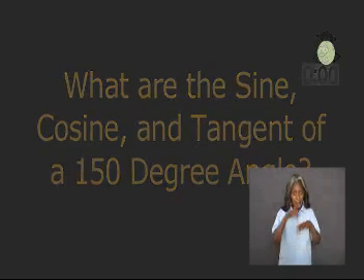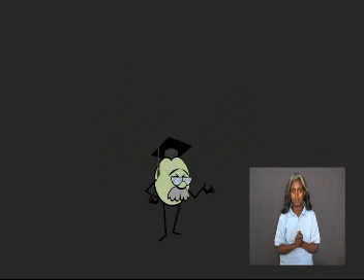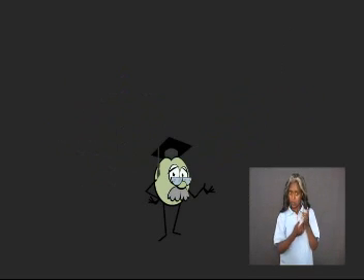Time's up. Let's get back to our lesson. Welcome back, everyone. Were you able to answer the question? Very good. Let us figure out the answer together. Please look at the screen.